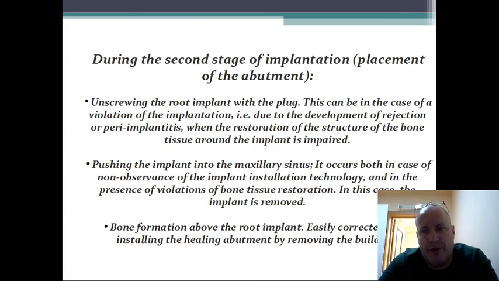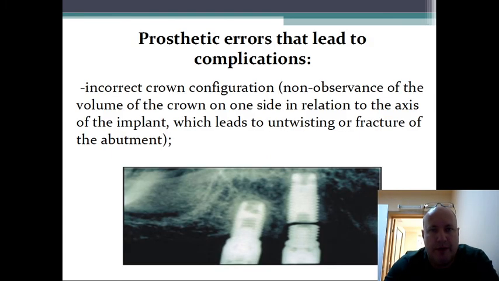It occurs both in case of non-observance of the implant installation technology and in the presence of violations of bone tissue restoration. In this case, the implant is removed. Bone formation above the root implant is easily corrected when installing the hidden abutment by removing the build-up.